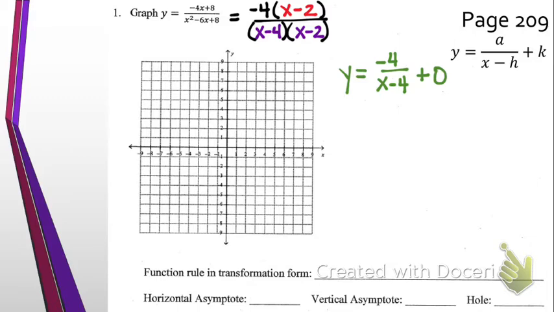So where is your vertical asymptote going to be at? X equals what? 4. Good. X equals 4. And the horizontal is, y equals what? What is k in this equation? 0. Good job.